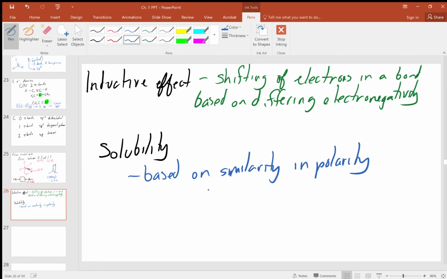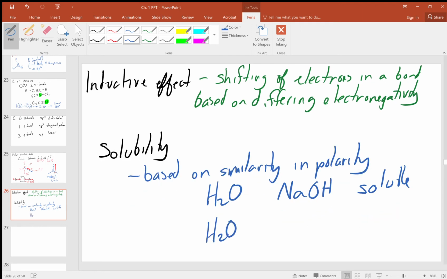And what we mean by that is if we have a polar solvent, such as water, and a polar solute, such as sodium hydroxide, those will be soluble in each other. If, on the other hand, we have a polar solvent such as water and a nonpolar solvent such as toluene, toluene being C7H8, they will not be soluble.